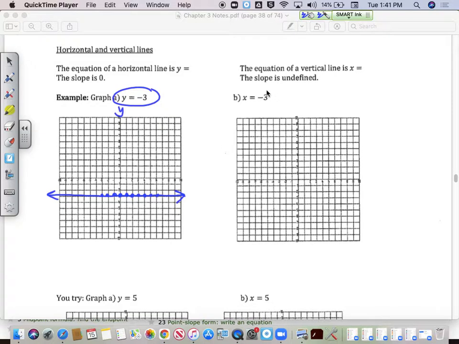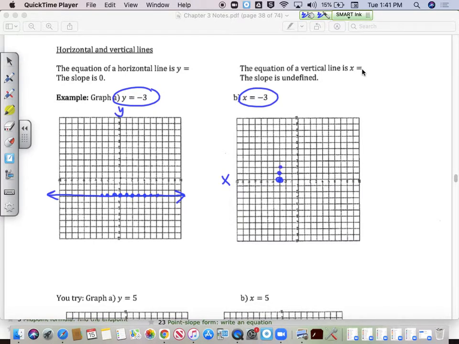The opposite of that is when you're graphing something that says like x equals -3. A vertical line starts with x equals. When you go to graph this one, you would now look for the x-axis and go to -3 on the x-axis. This is saying no matter what, x is always equal to -3.